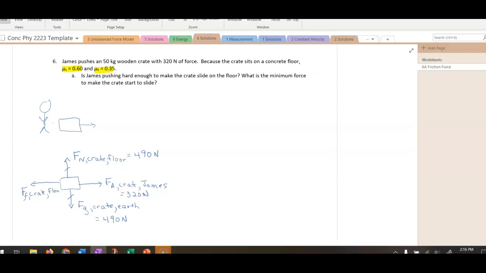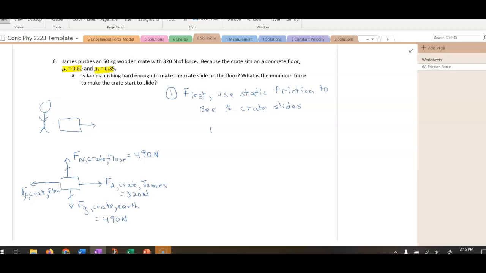Okay, so first I want to use static friction to see if the crate slides or not. So that's my first step.